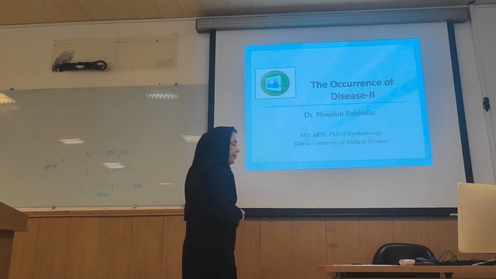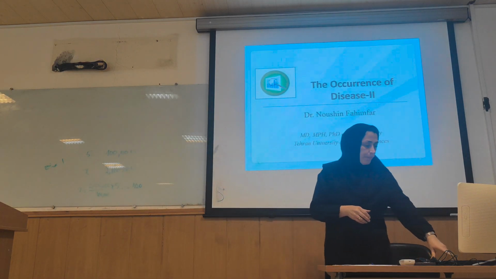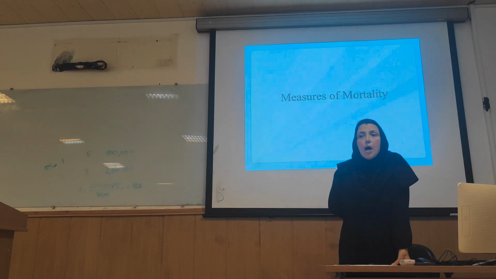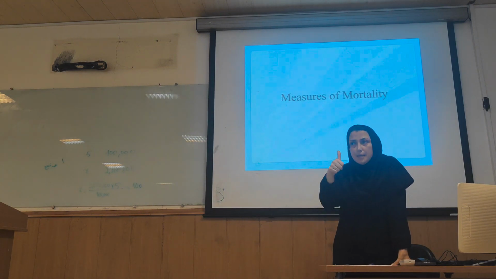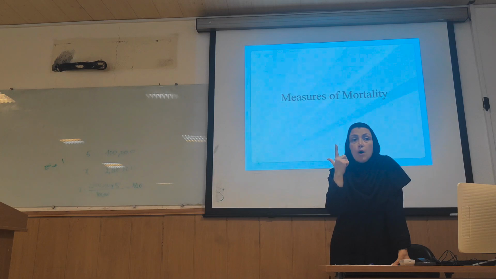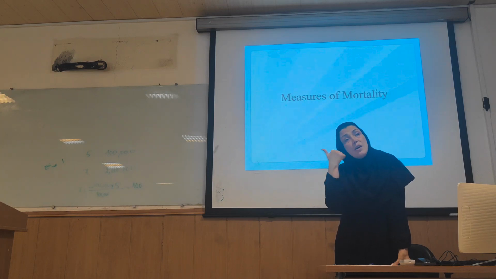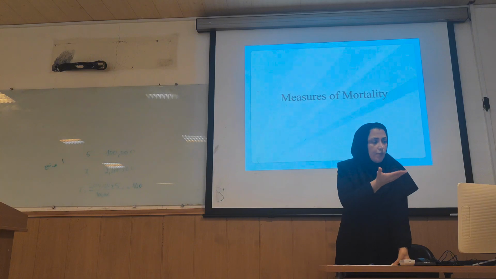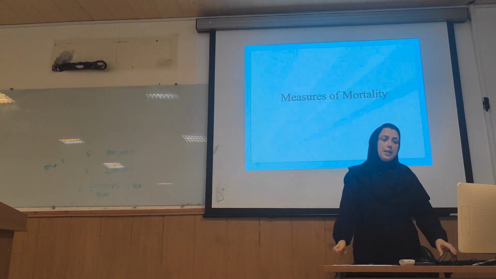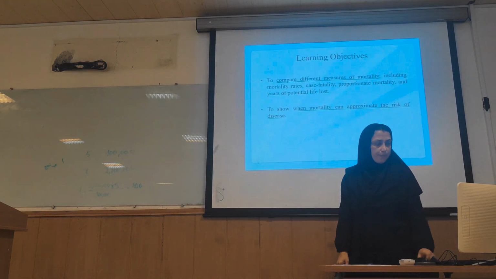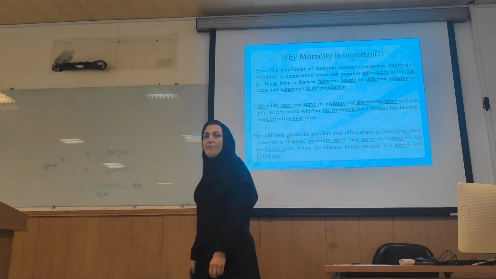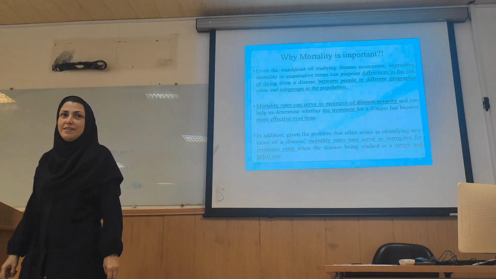But in this session, we will review measures of mortality. Incidence and prevalence were the measures of morbidity, the occurrence of disease. But we have some measures of mortality. Okay? Why is mortality important? To know how deadly a disease is.